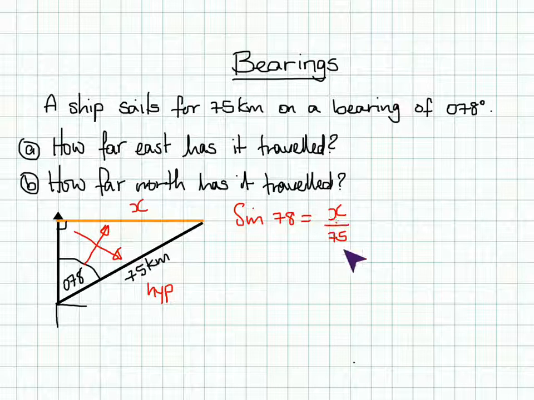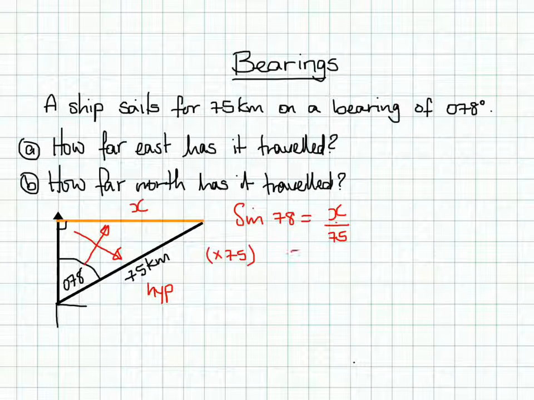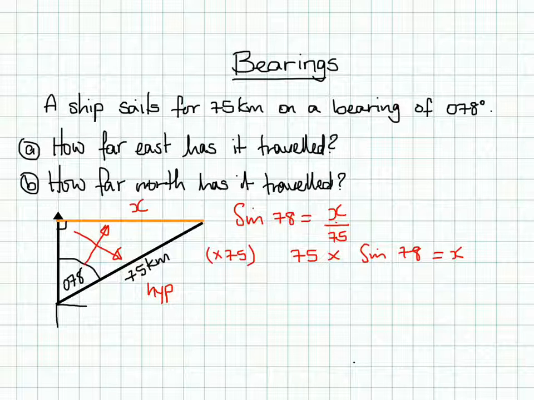Now I need to get rid of this 75. I will multiply by 75 to bring it over there. So I'm multiplying by 75, which gives us 75 times sine 78, and that equals x.